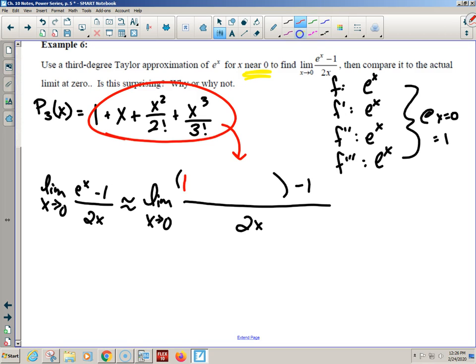I'm going to end up with 1 plus x plus x squared all over 2 plus x cubed all over 3 factorial. What's going to happen to my 1s? Cancel. What's going to happen to my x? Reduce away, right? He's going to reduce away one of him, and then take him totally away. Oh, can't I just plug it in?